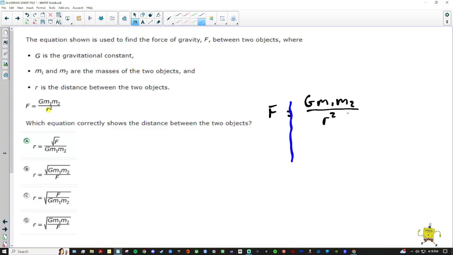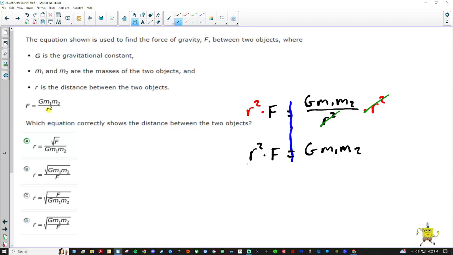Right now it's being divided. So the opposite would be to times R squared to both sides. When I do that, my R squared on the left is still there, and my R squared on the right goes away. So I have R squared times F equals G M1 M2.